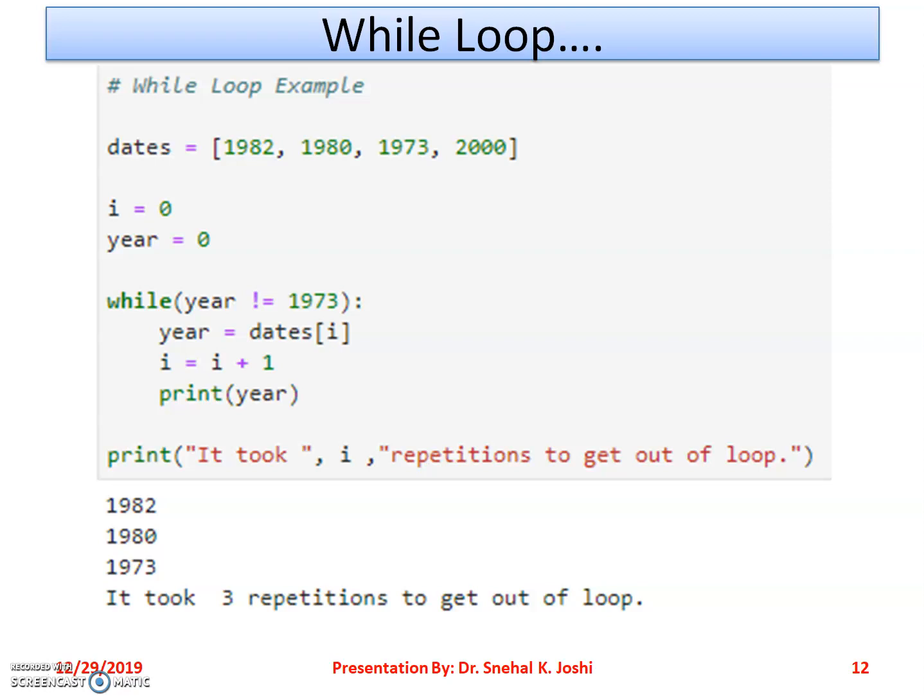A while loop iterates until the condition in the argument is not met. You can just go through this example. It's quite simple and easy to understand. The while block condition is year not equal to 1973, and the block contains 3 statements. So it will generate years, okay, till it reaches 1973.